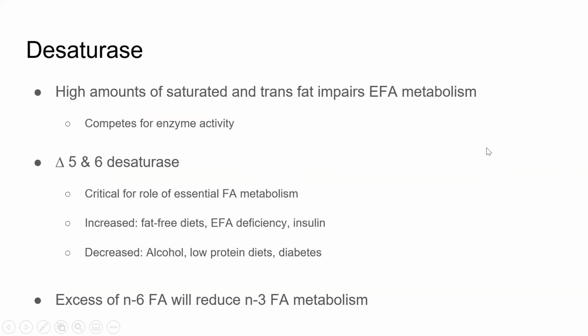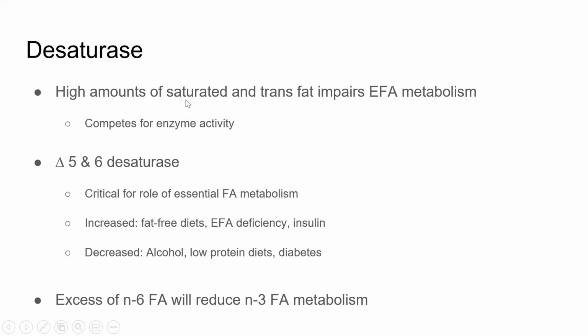And then we're going to be using desaturase to add double bonds into those fatty acids as needed. When we look at desaturase, a few things to make note of: a high amount of dietary saturated fat and trans fat actually impairs our ability to metabolize those essential fatty acids. If you recall, the essential fatty acids are alpha-linolenic acid and linoleic acid, so the omega-3 and omega-6.